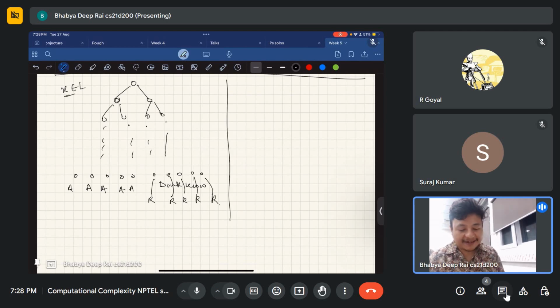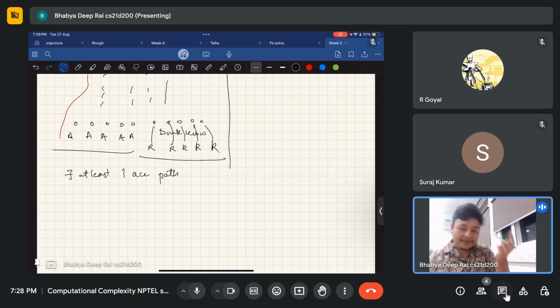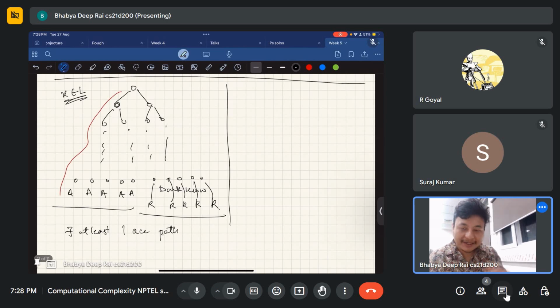When X is in the language, what does NP say? NP says if X is in the language, at least one path should be accepting. So there exists at least one accepting path. How is that guaranteed? Because the number of don't knows is small, less than half, so the rest of them must all be accepting paths. So there is at least one accepting path, and the condition for NP is satisfied for accepting.